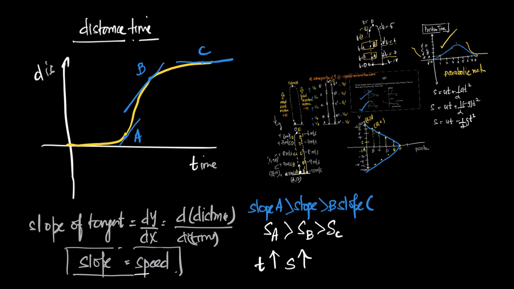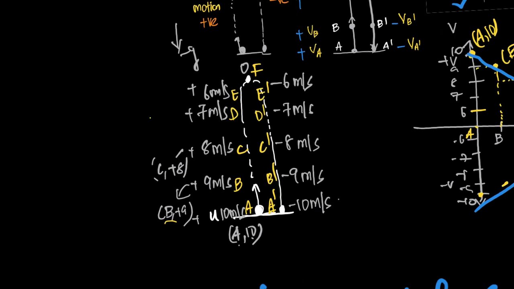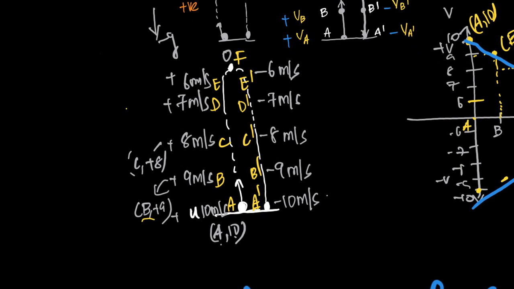But let us now have a look at the speed time relationship here. See, here what you can see is as time increases, speed actually decreases first, 10, 9, 8, 7, 6, and then as time increases, the speed increases further.